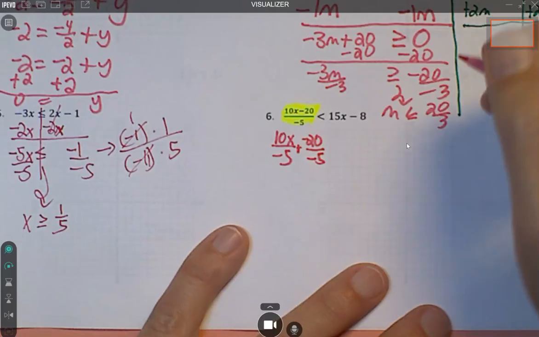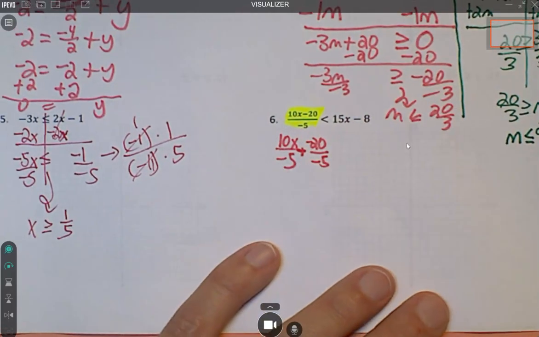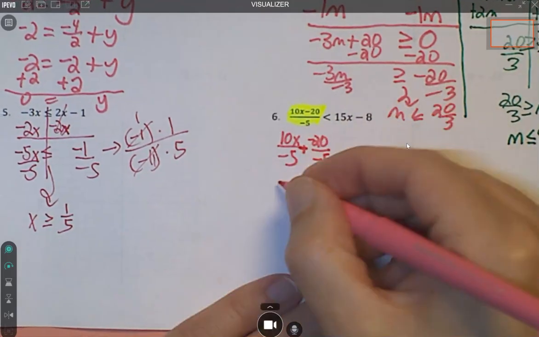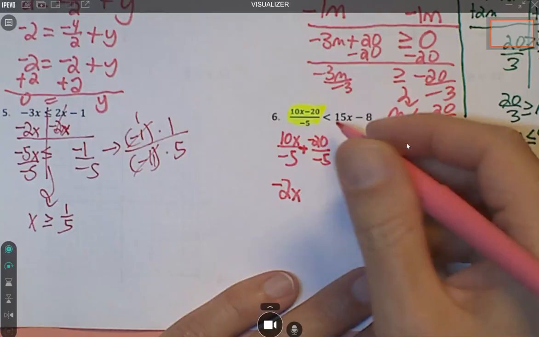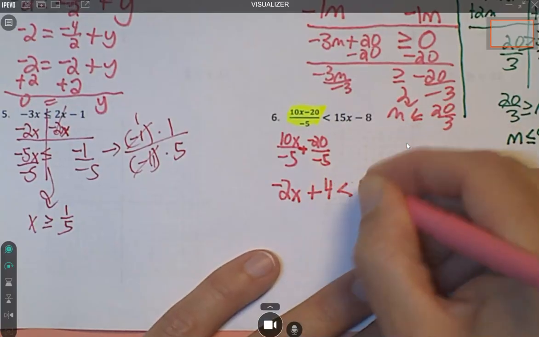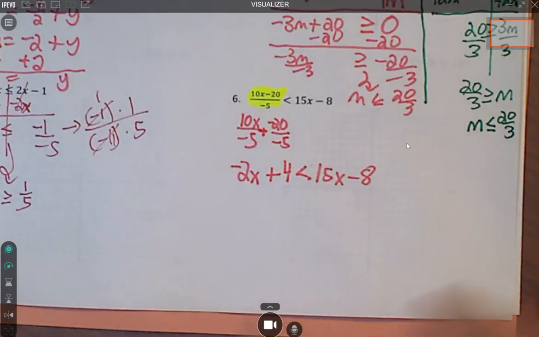So that's really what we're doing there. And I'll just put that plus sign in there so you know we're adding and subtracting now. You see that's divisible by 2, or 5, and that one's divisible by 5. So there would have been no reason to multiply both sides by -5. That flip will happen later.